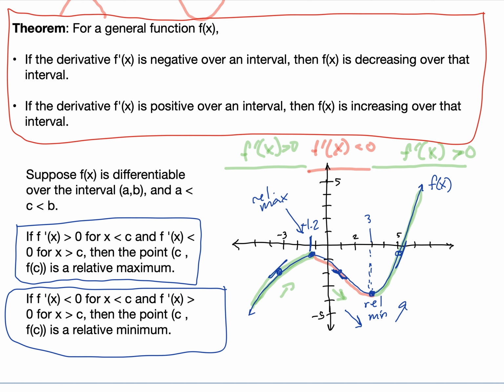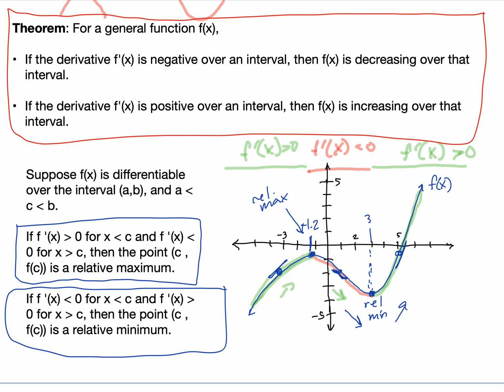So again, I'd like you to both understand and remember these key ideas as well: the connection between the first derivative, where the function is increasing and decreasing, and where relative maxes and relative mins occur.